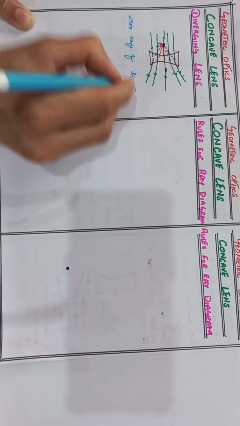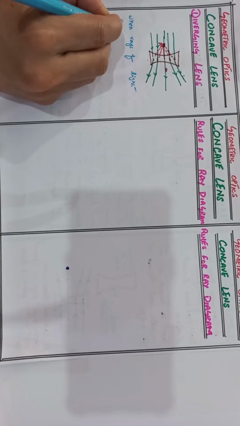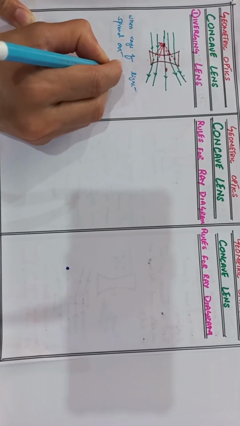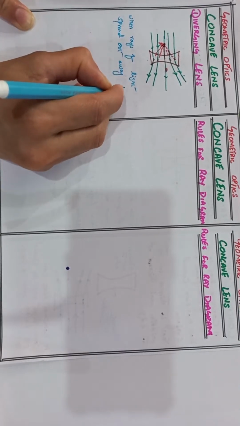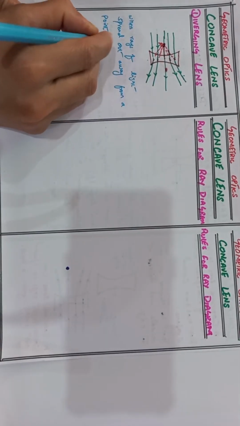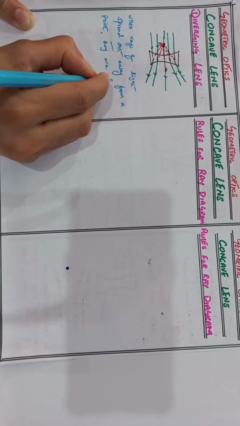So here we write that when rays of light spread out away from a point, they are diverging. Why are they called diverging?